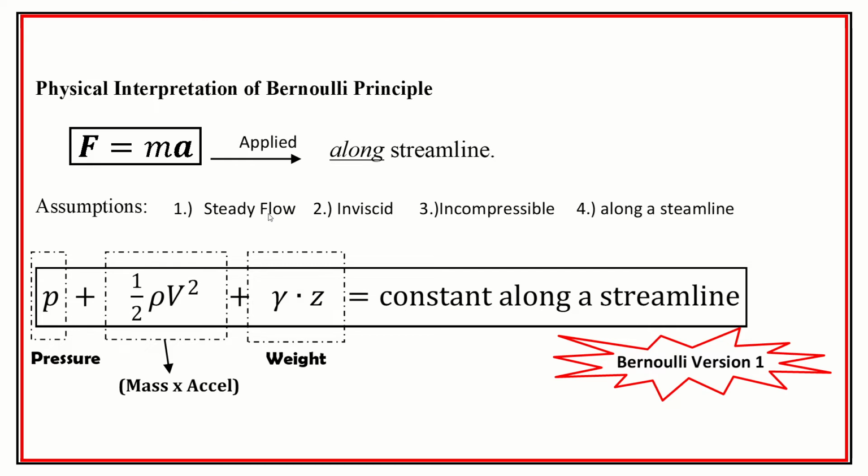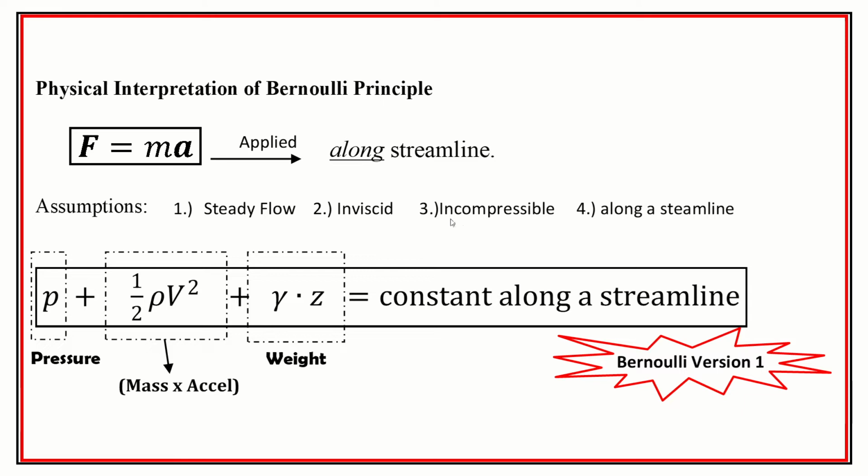Steady flow, right? So that doesn't mean that flow is not accelerating. This means if you take any point and took a look at it, regardless of the time, that would be the same conditions. So it's a steady flow. Inviscid, so viscosity is not involved. It's not stealing energy away from the system.